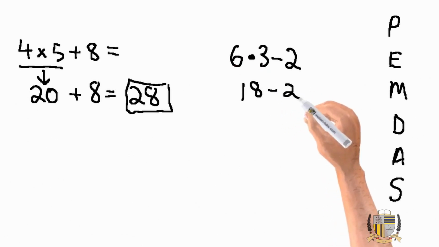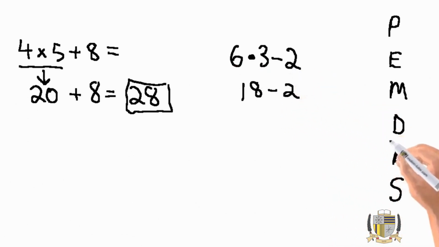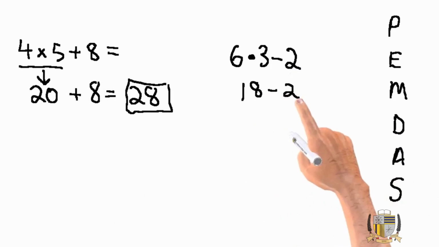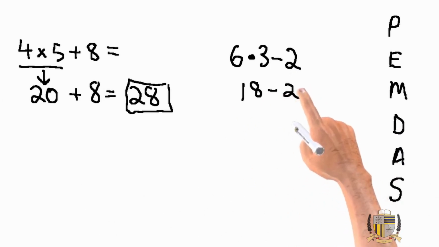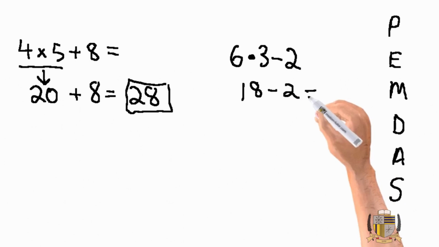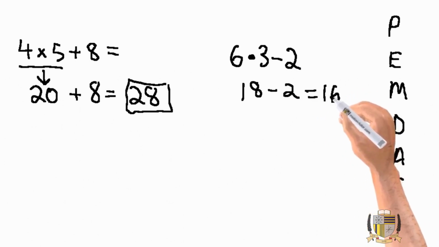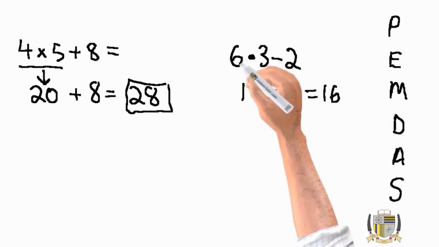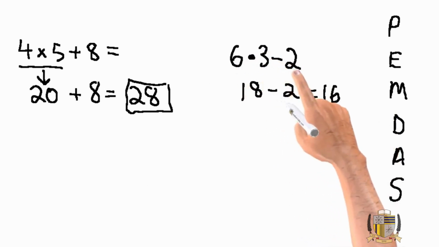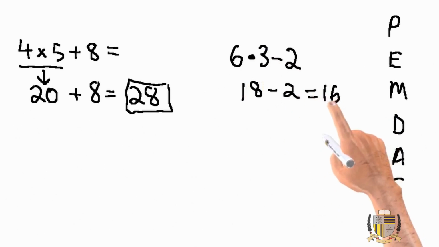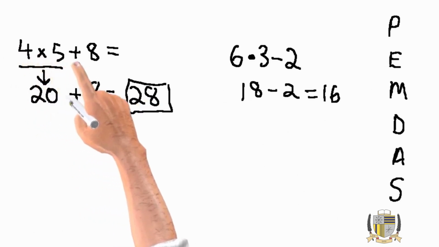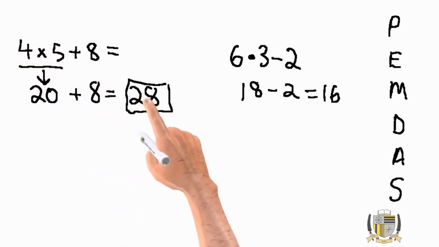We still have this minus 2 here. Any division? No. What about addition? No. Subtraction? Yes. We have 18 minus 2. 18 minus 2 is 16. That's our answer. So 6 times 3 minus 2 is 16. Likewise, 4 times 5 plus 8, the answer is 28.